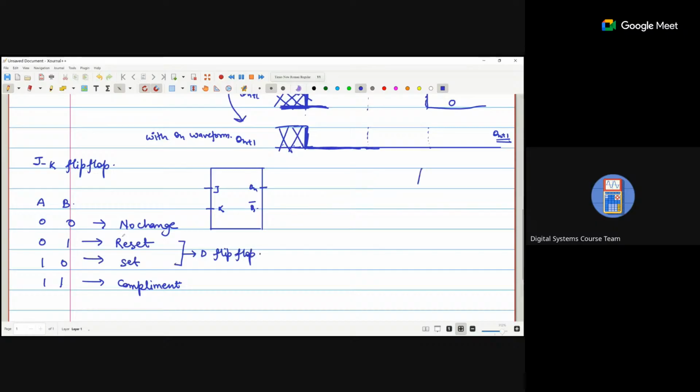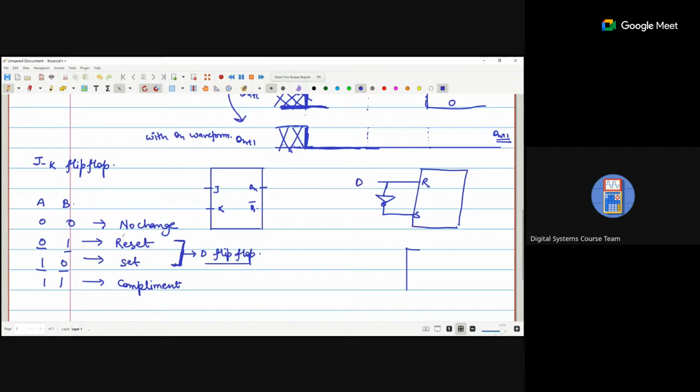Because if we are implementing a D flip flop using an RS flip flop, one input is D and the second input is D bar. If one input is D, the second is D bar. So if we consider these two conditions, we say that it is a D flip flop.